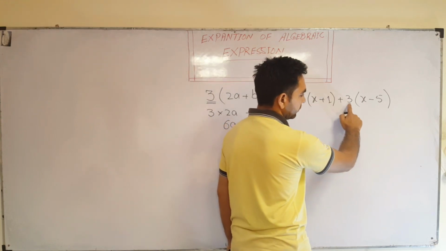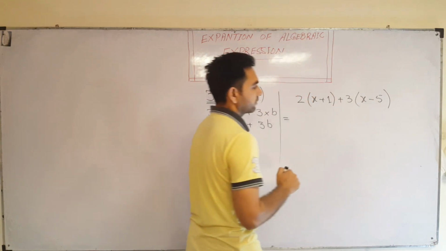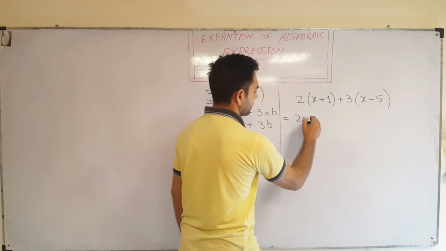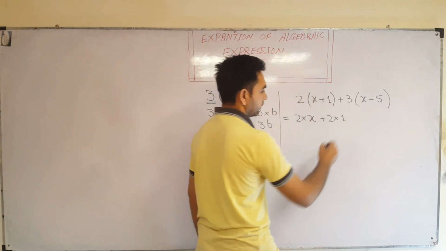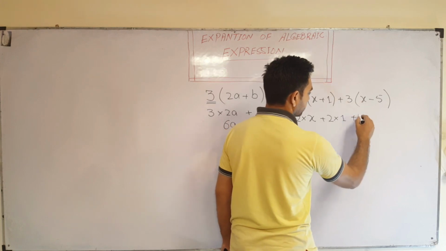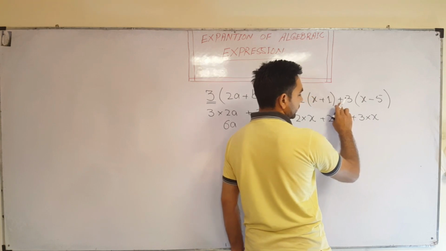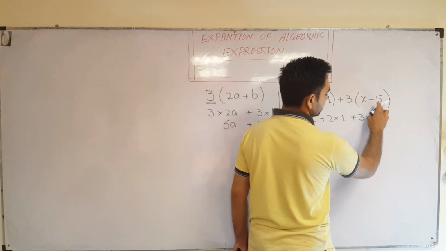And then this 3 has to multiply to x and this 3 has to multiply to minus 5. So 2 times x plus 2 times 1, and then 3 times x, and then this plus 3 and that minus 5.